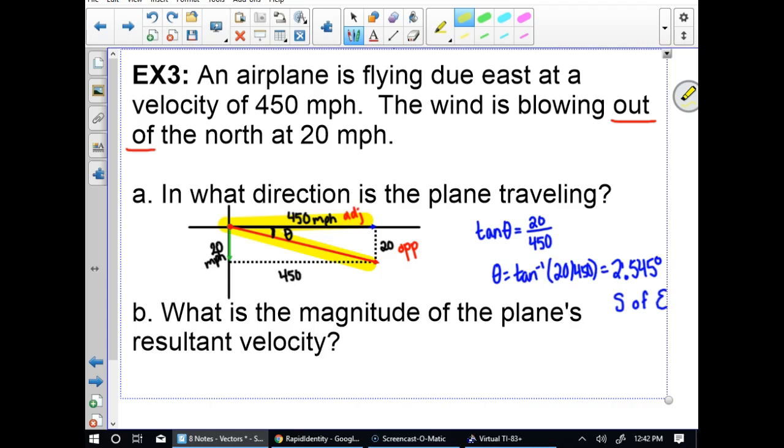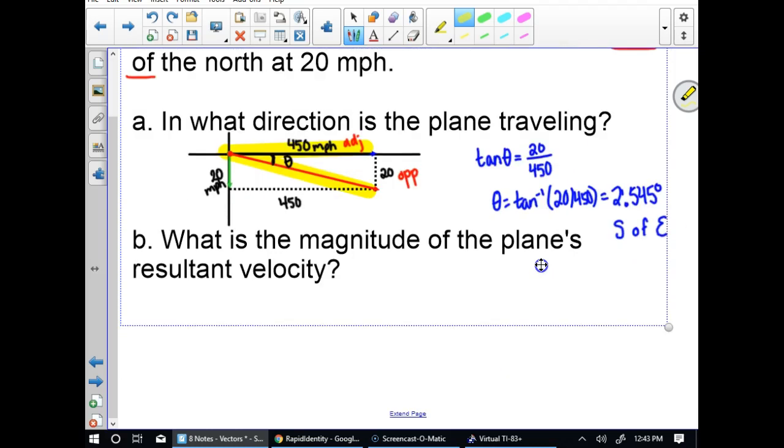For part B, it asks us what the magnitude of the plane's resultant velocity is. So magnitude is speed, and that is represented by length whenever we draw these. To find that, since this is a right triangle, we just have to do 20 squared plus 450 squared equals c squared. So 20 squared plus 450 squared is 202900.